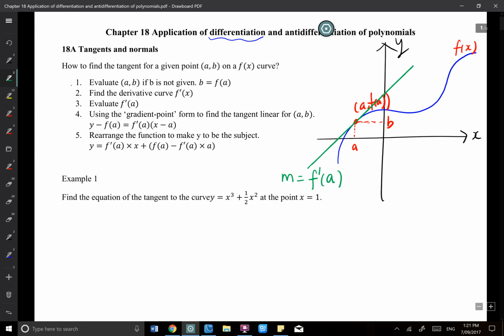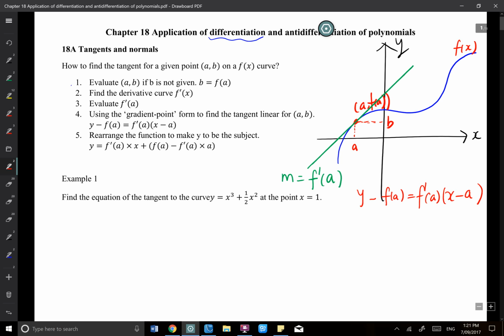Then how can we find this linear? What do we know about it? I know the gradient of this linear, and I know a point on it. So I can use y minus y1, which is f(a), equals gradient times (x minus x1).